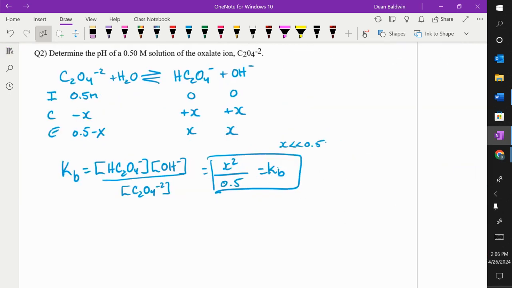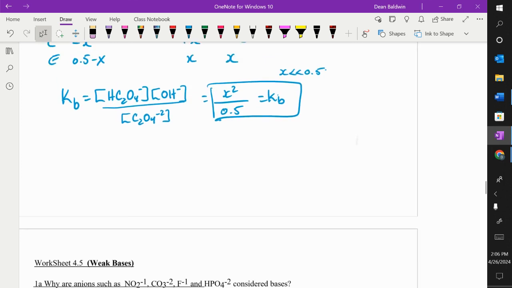So we go, okay, find the Kb. We know that Ka times Kb is equal to Kw. And we say Ka for HC2O4 minus, that's the Ka we're using.